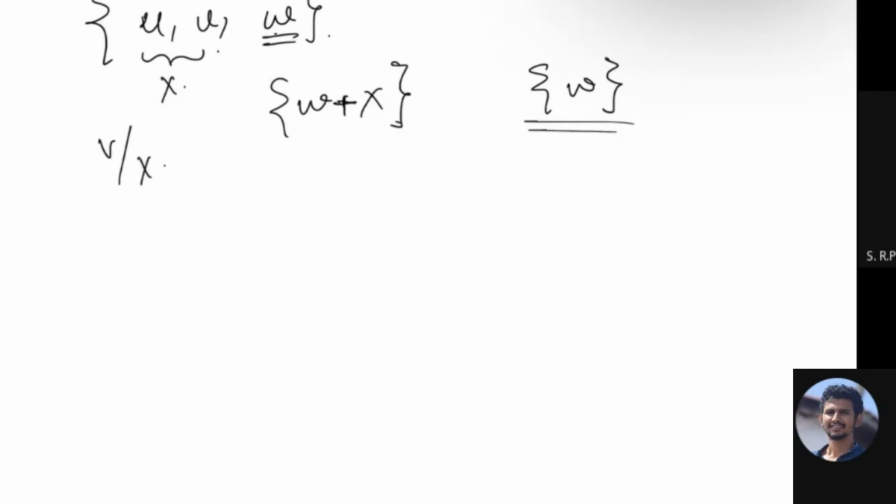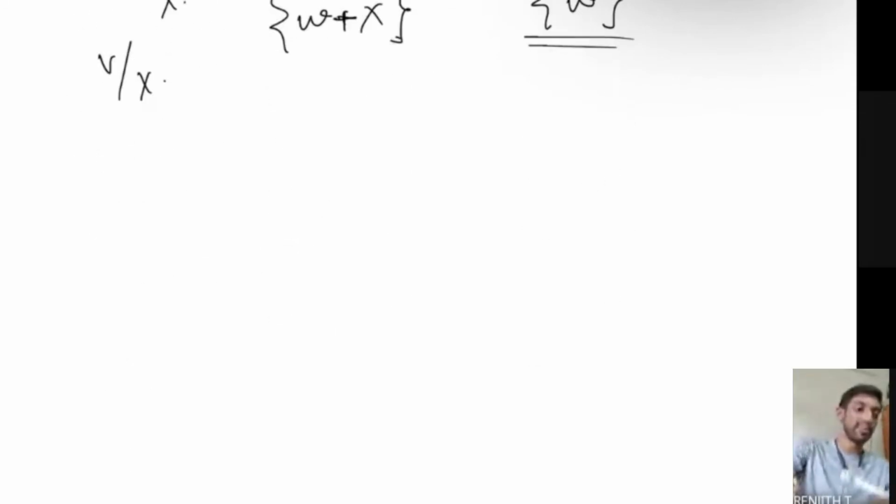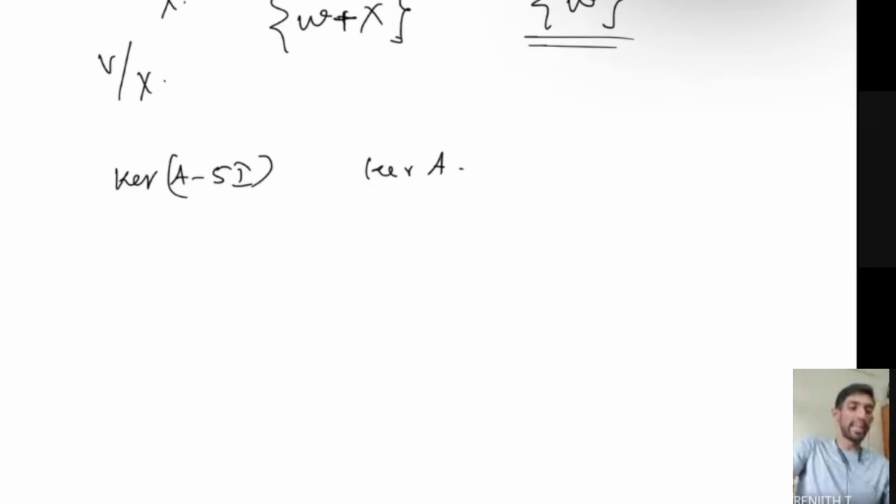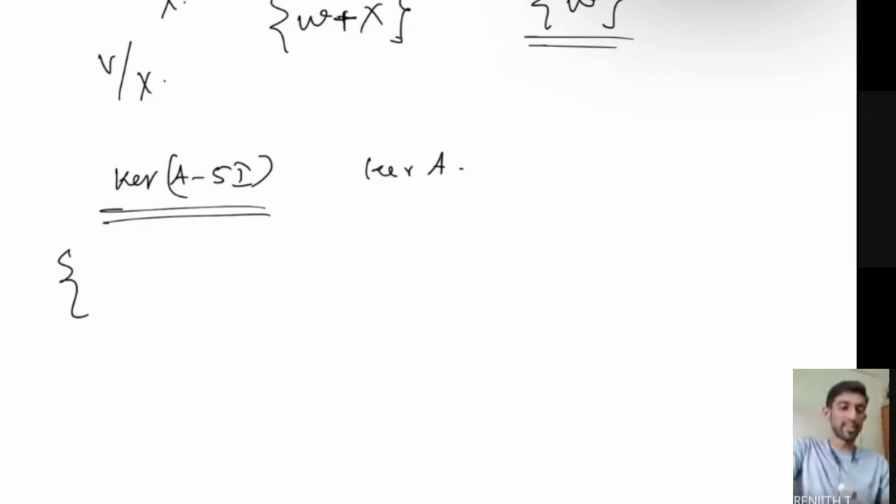Okay, sir. So here, you are dealing with the kernel of A minus 5I, and the kernel of A. Since the kernel of A minus 5I has 2 dimensions, there will be a basis U and V. These come from the kernel of A minus 5I because it has enough eigenvectors.